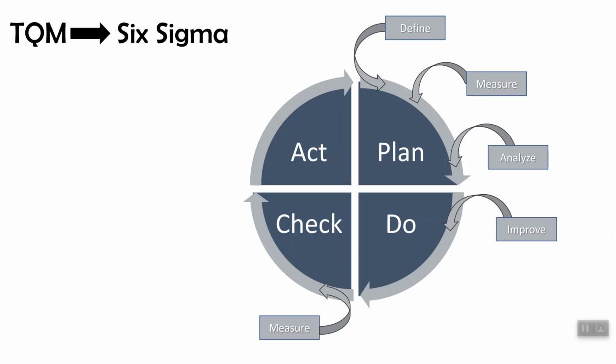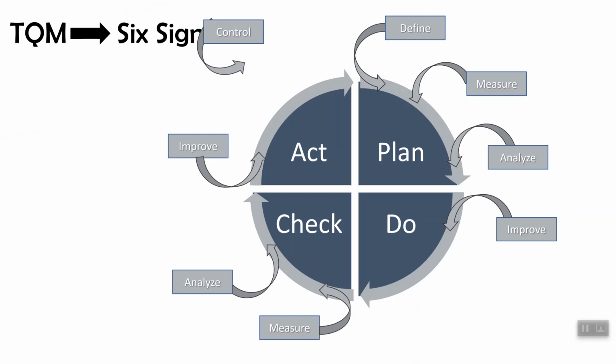Analyze the results to see if you need to make other tweaks and improvements. After it's fully implemented, you need to put the controls in to make sure the changes continue to have the desired effect. Let's take a look at each one of these.